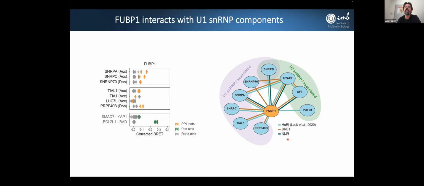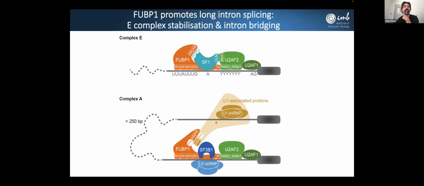We also further dissected these interactions with NMR to check which regions of FUBP1 and these proteins might be relevant. I don't show the data for this here, but what we see is that likely the AB boxes that are interacting with the proline-rich regions in SF1 can now also interact with proline-rich regions in the intrinsically disordered regions of these U1-associated proteins.